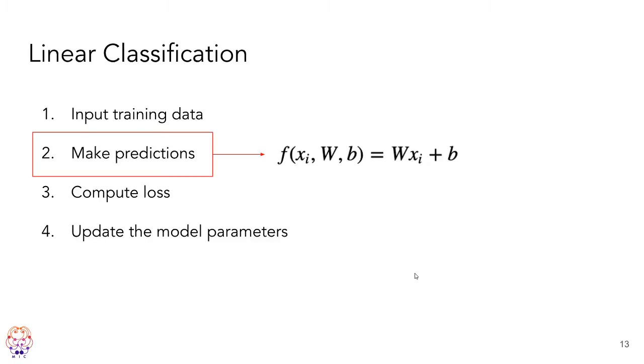If you know linear algebra, you know that's a matrix multiplication. You take a vector xi, which represents your training example, multiply it by a weight matrix W, and add a bias. It's a pretty simple linear equation, and that's why this is linear classification. After that, you also have to compute the loss and update the model, and I'll get into that later.